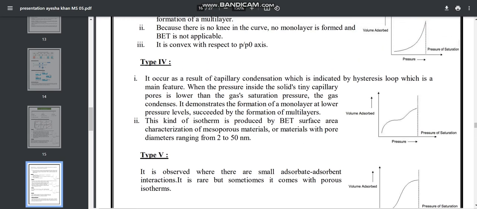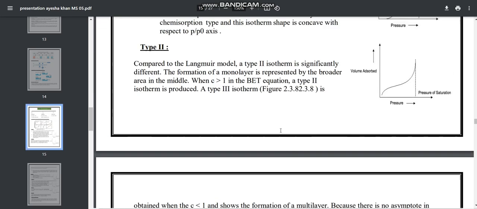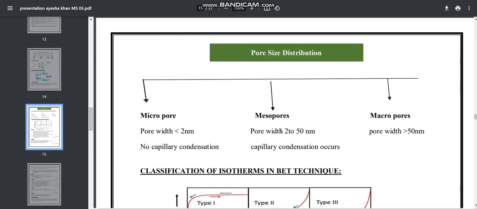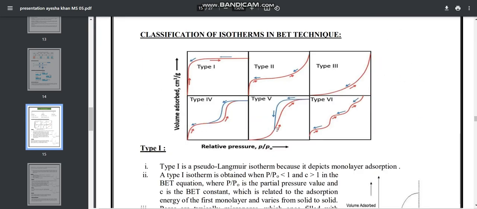So in type 4, there is a mechanism of capillary condensation when the pressure inside the solid's tiny capillary pores is lower than the gas saturation pressure. This kind of isotherm is produced by BET surface area characterization of mesoporous materials, or materials which have pores in the range of 2 to 50 nanometers. It means they are in the range of mesopores.